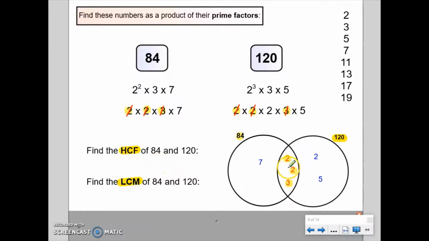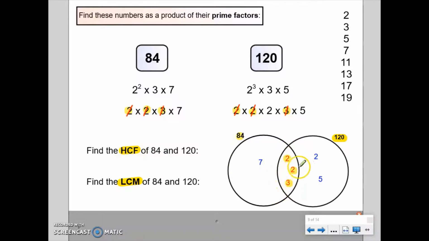Okay, so using this Venn diagram, I'm going to find the highest common factor. Remember, the highest common factor is the biggest number that goes into both 84 and 120. The biggest number that 84 and 120 can be divided by. Once we've set up our Venn diagram, it's very easy to find the highest common factor.